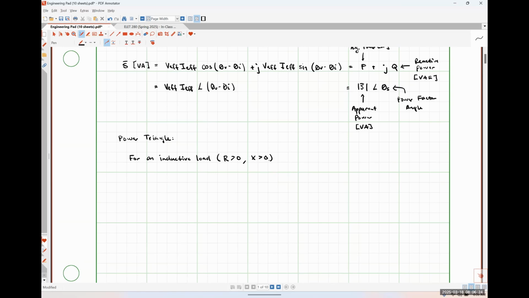Who remembers what resistance and reactance mean? Those are the rectangular form parts of our impedance, right? So impedance in rectangular form is R plus jX.